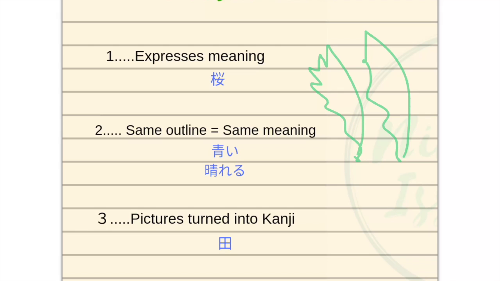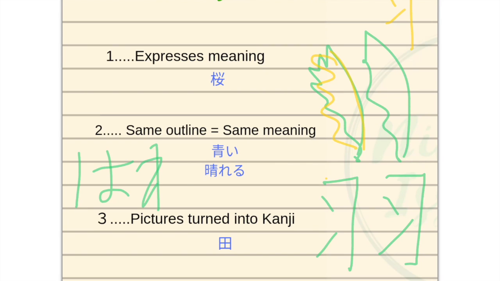So these are the two wings, and if we draw it in 2D, this portion becomes this, and this portion becomes this. So this is wings or hane. This is how we need to remember this kanji.